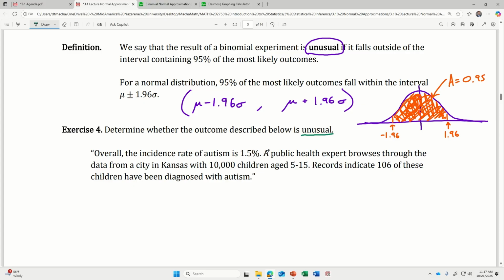Records indicate that 106 of these children have been diagnosed with autism. So, I know that overall, the probability that any particular child has autism is going to be 0.015. What is my N?